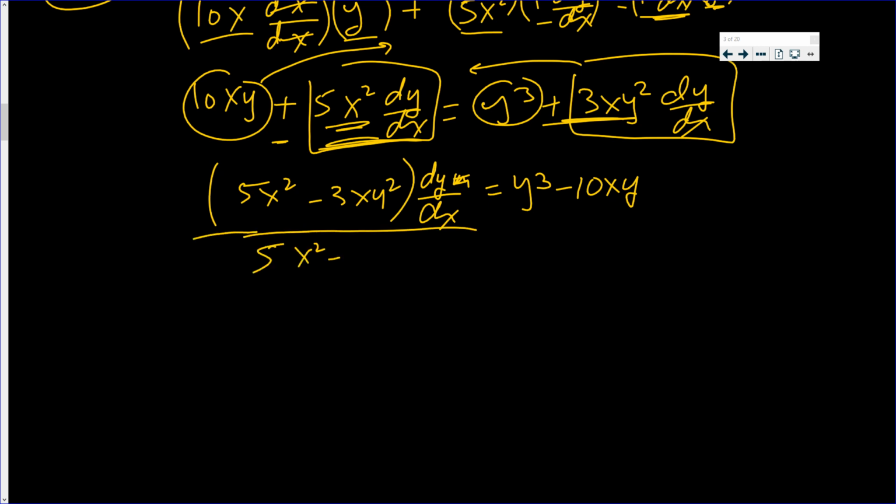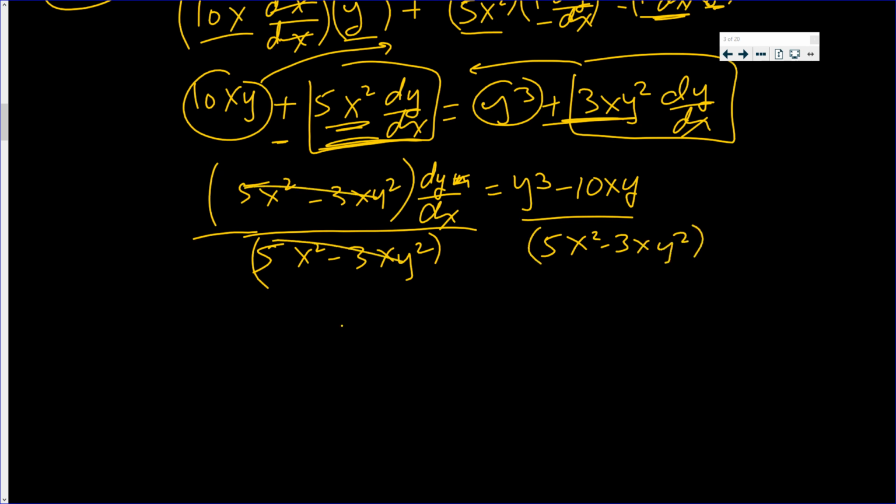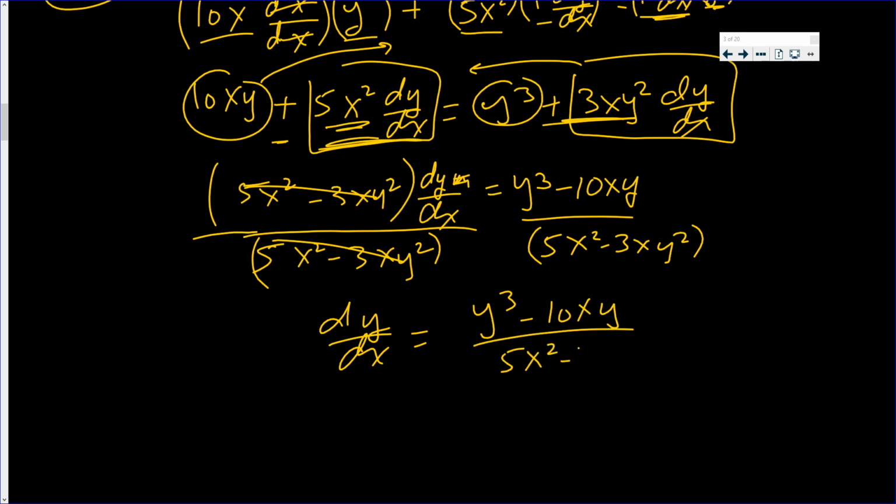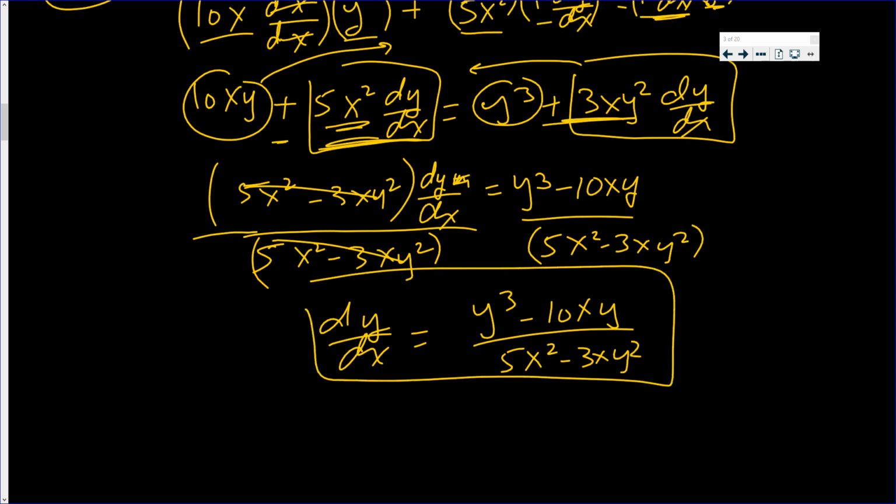We divide by this number on both sides. This cancels out to 1, so you have dy dx is equal to y cubed minus 10xy all over 5x squared minus 3xy squared. And there is your answer.